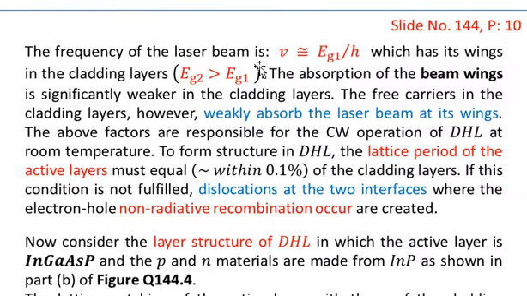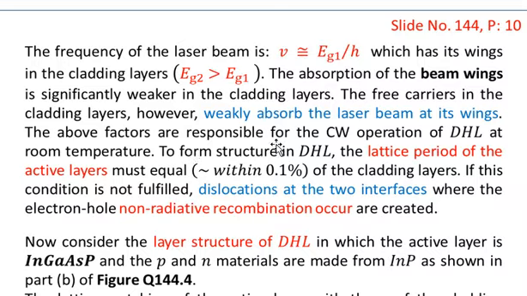The frequency of the laser beam, which is given by nu equal to Eg1 over h, has its wings in the cladding layers. And we know that for the cladding layer, Eg2 is much greater than Eg1. The absorption of the beam wings is significantly weaker in the cladding layers. The free carriers in the cladding layers, however, weakly absorb the laser beam at its wings.